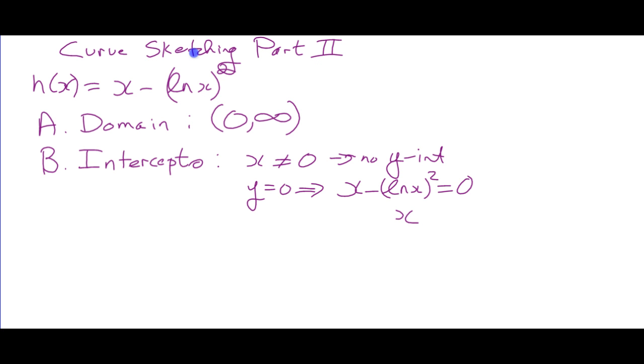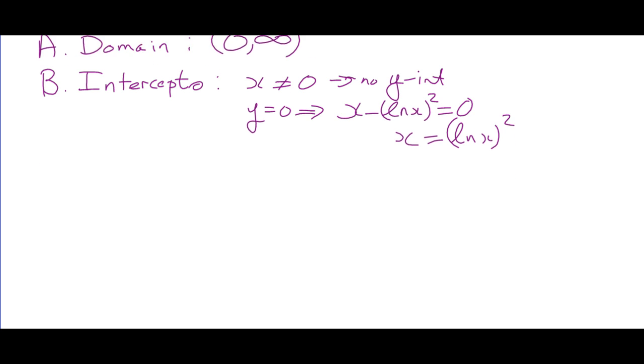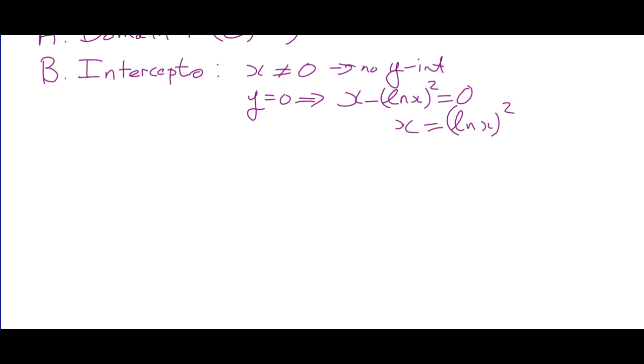Which means that x is equal to the ln of x squared. So how do we unsquare that? Square root. Now when we do that, it's not just square root, right? It's plus or minus the root of x.